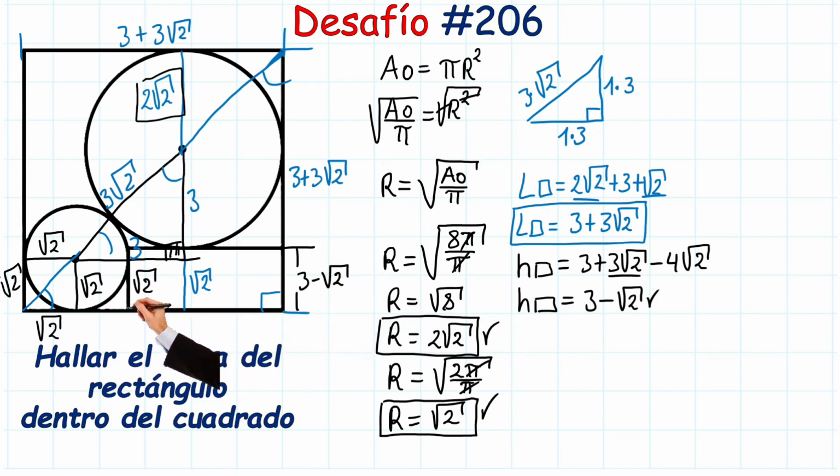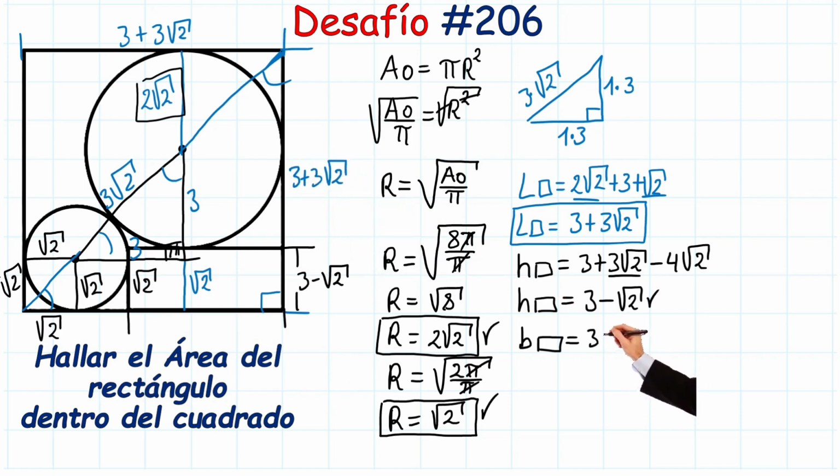Now let's find the base of this rectangle, this part here. We'll find it in the same way too. We're going to note it with the letter B. So all this part should measure the same as this part here, because it is a square and has all its sides equal. So we'll also have 3 plus 3 square root of 2, less what we're going to subtract from this here. We're going to subtract these 2 parts here.